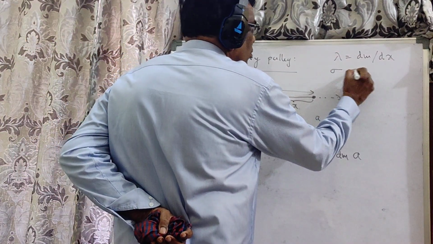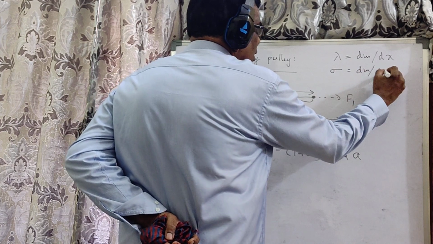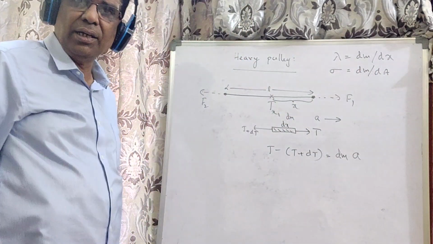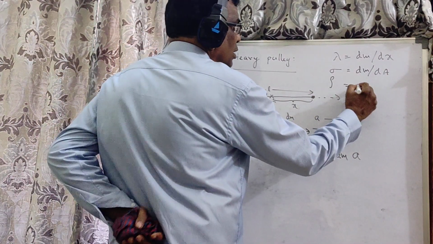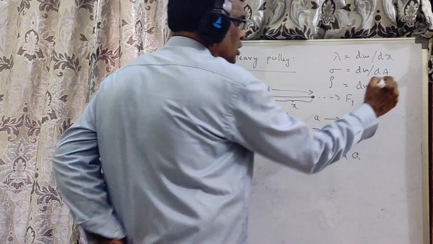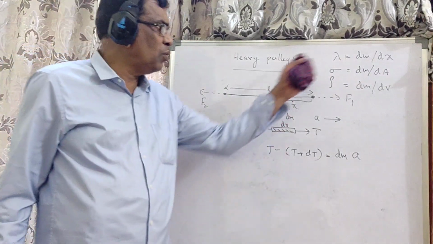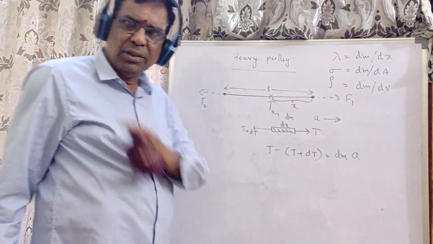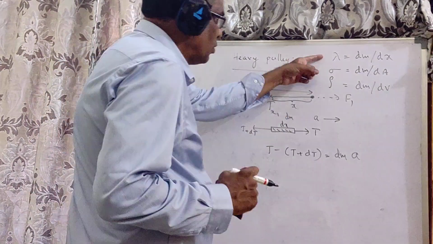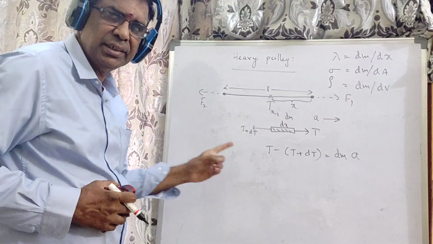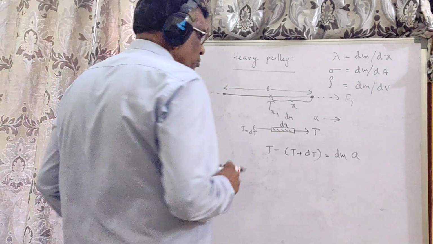This is what I am going to use throughout our mechanics classes. If it is a 2D body, mass per unit area, I'll call it sigma density. And if it is a 3D body, mass per unit volume. This is how I'm going to use it as standard throughout. Okay?